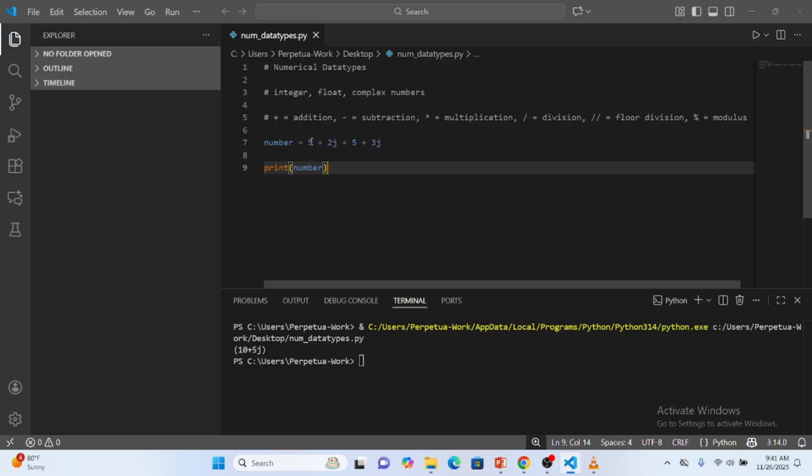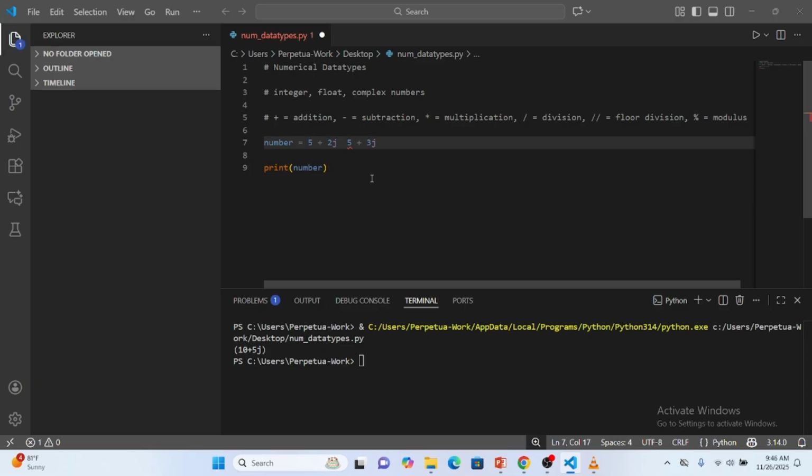It will sum up the real numbers and sum up the imaginary numbers. So the real numbers are this normal 5 and this other 5. They are called real numbers, and the numbers that have alphabets attached to them are called the imaginary numbers.